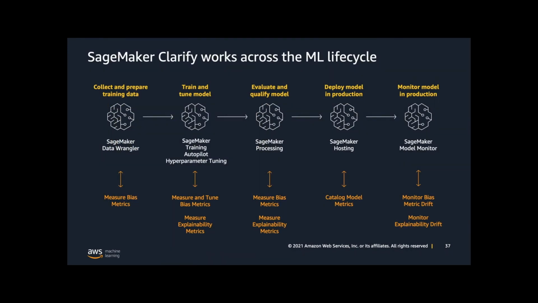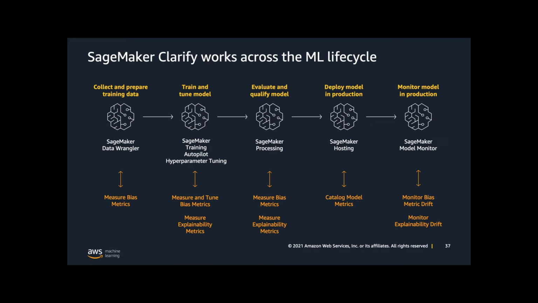And as I just mentioned, Clarify works across the entire machine learning workflow to implement bias detection and explainability. For example, you can look for bias in your initial dataset. You can check for bias in your trained model as part of SageMaker Experiments, and also explain the behavior of your model overall. You can extend SageMaker Model Monitor, and I'm going to provide more details, for changes in bias and explainability over time in your deployed model.